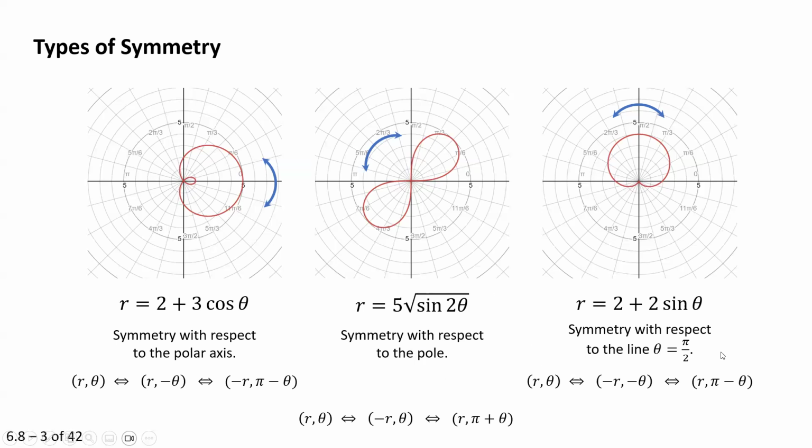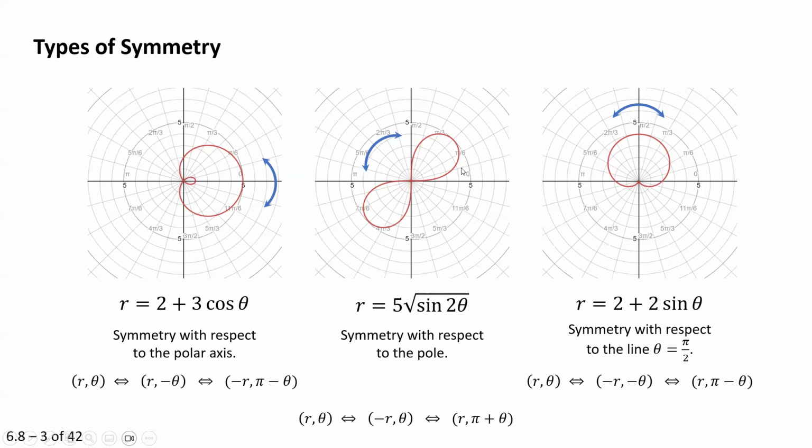Let me jump to the one on the right here because that has a similar reflective symmetry just around the vertical axis. The difference here is that if I've got a value r theta here, that's going to be the same as negative r negative theta. It's also going to be the same as r pi minus theta.